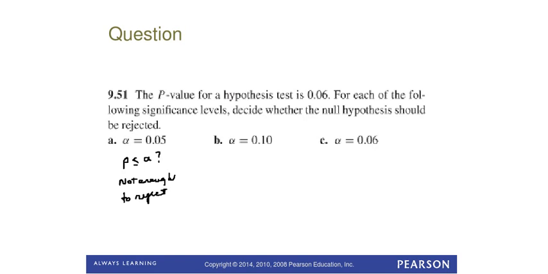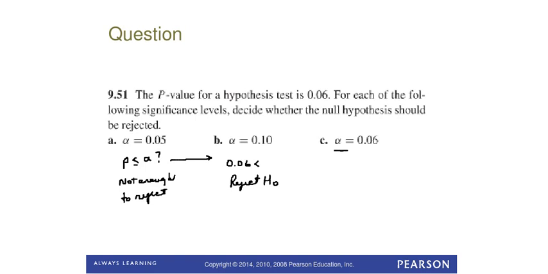How about the alpha level 0.01? Well, in this case, applying the same test, our p-value of 0.06 is definitely less than alpha, and we have some moderately strong evidence, at least in this case, to reject that null hypothesis. Finally, what if we said the alpha level itself was 0.06? Do we have enough evidence to reject?